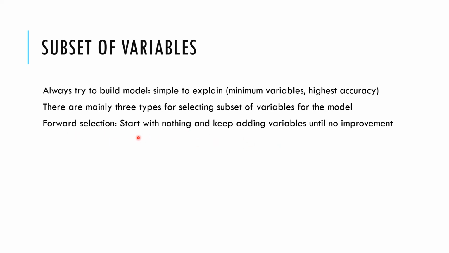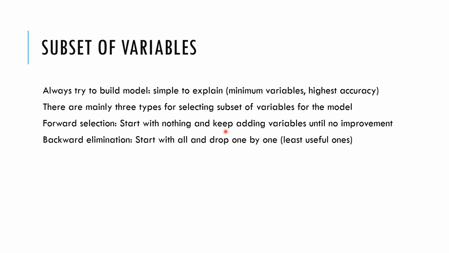That's why it's called forward selection. Finally we reach a point where there is no improvement in R square value or p value or F stat, or there are many other ways, or even RMSE, root mean square error, we can check that as well. Looking at those parameters, we see that there is no more improvement by adding more variables, so we stop. That's how it works.